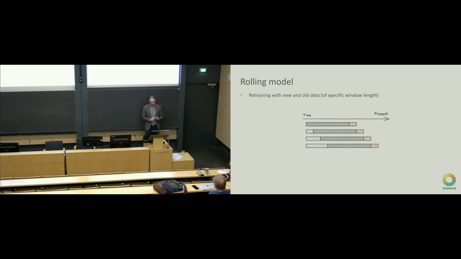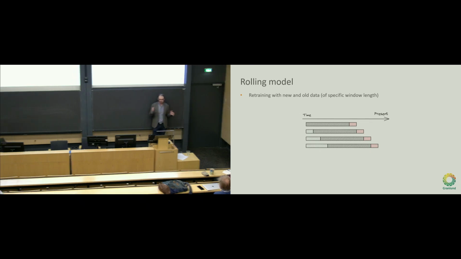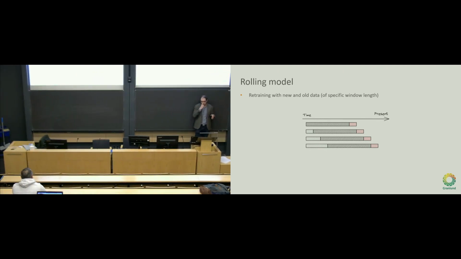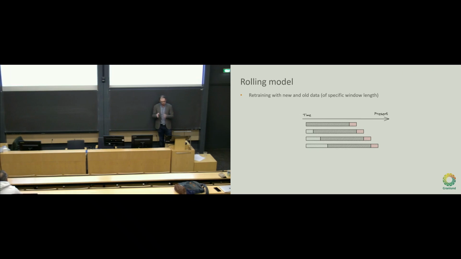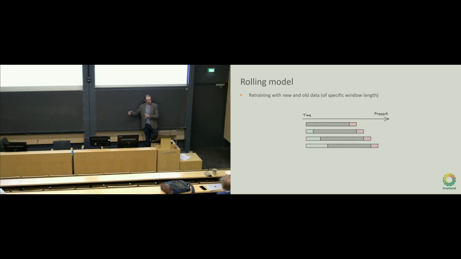Then the second is a rolling model. So you have a fixed amount of training data, let's say a year, and then you have 1 month of new data, and once that month has passed, you take the last year from that moment, and then you take the next month and so on.